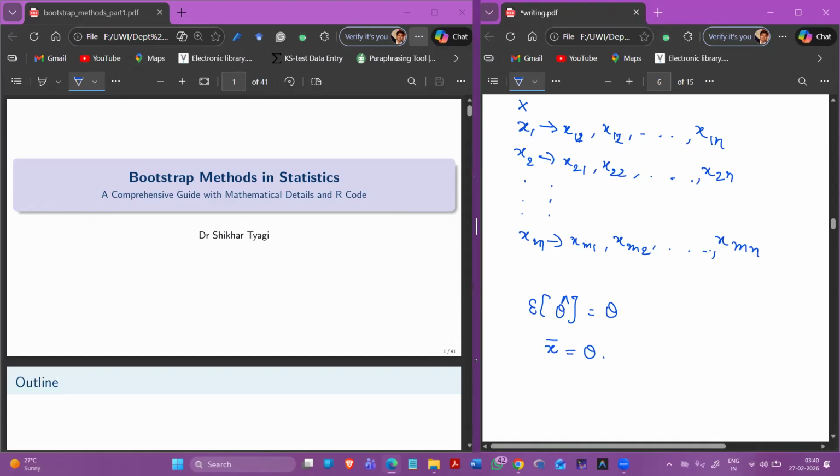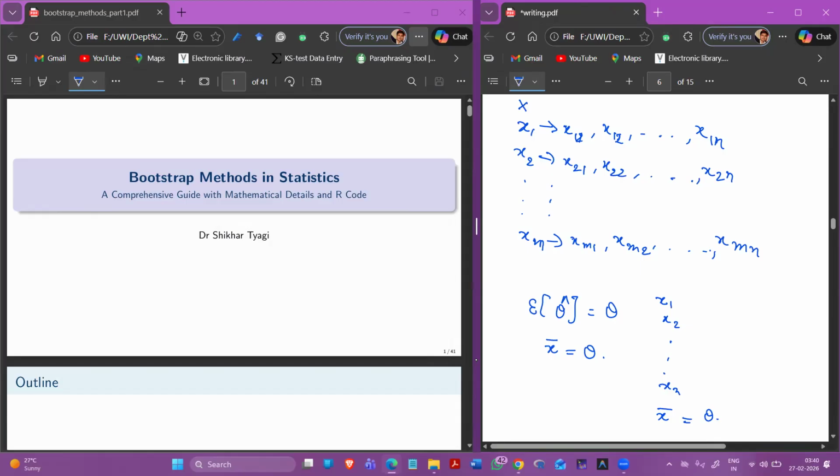What is the meaning of that? It means that if I take the sample x1, x2, xn, and I take the mean of that, it is equal to theta. What is the meaning of this? X bar is the estimate of theta.